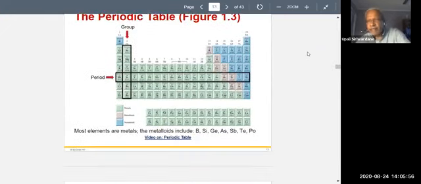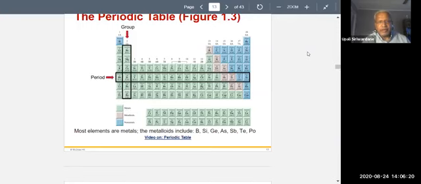Now that we have gone over classification of matter based on composition, we found out that there are elements, compounds, and mixtures.